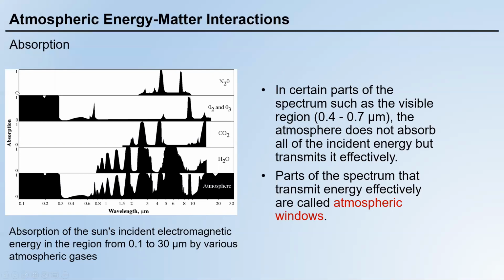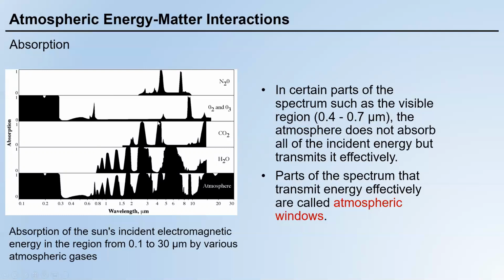And the vertical axis is for absorption. It's a percentage value. So for N2O, you can see it's from 0 to 1. For ozone and oxygen, it's also from 0 to 1. Obviously, the larger the value, the stronger the absorption ability of that gas. Okay, so for CO2, for H2O, different gases, they are main gases in Earth's atmosphere, right?